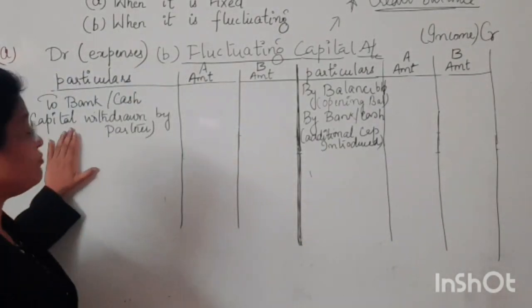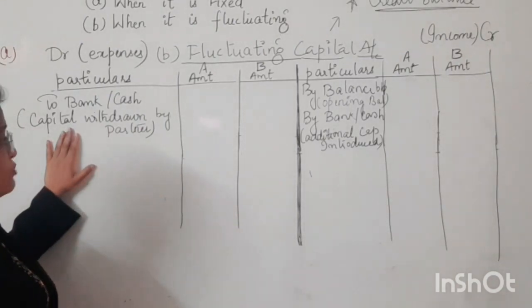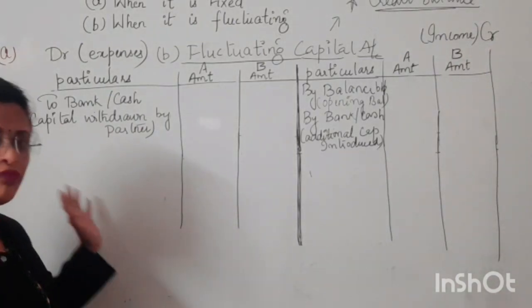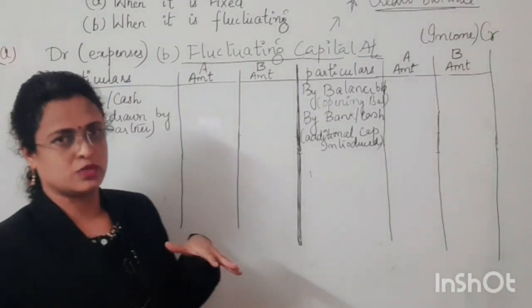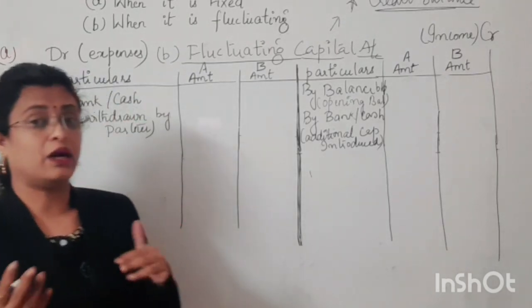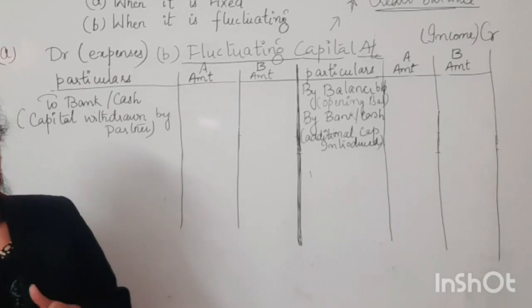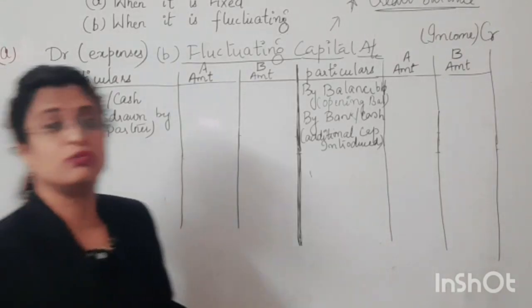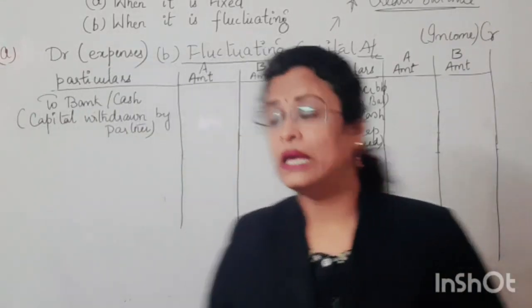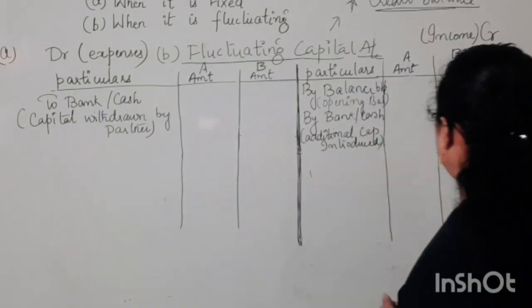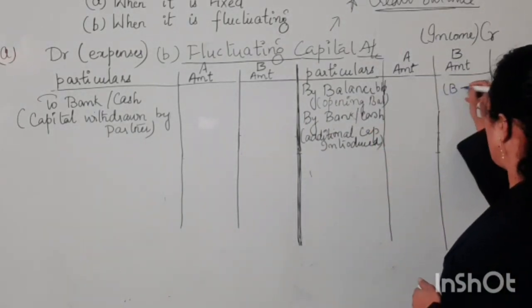And if the capital is withdrawn by the partners, it will also be shown here. And apart from this, all the current account items, except the opening balance of the current account, the remaining items which are subject to frequent changes, will be shown here.